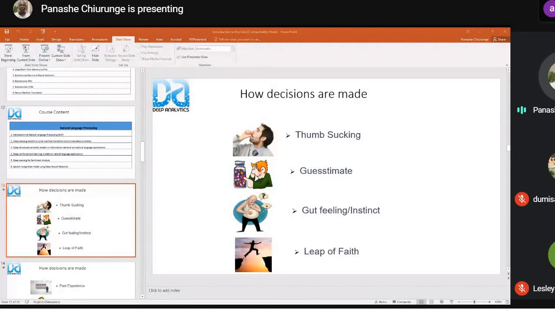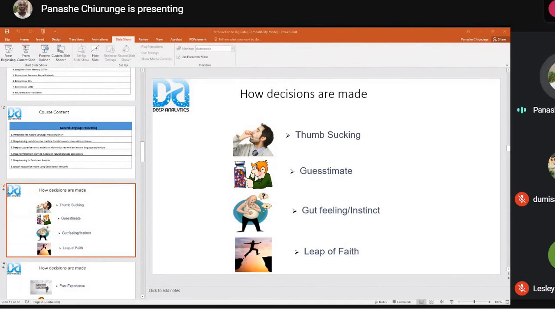A lot of decisions you find in companies, especially in the Zimbabwean context, involve a lot of thumb sucking. By thumb sucking we mean there isn't any science to making a particular decision. There isn't even a rule of thumb.